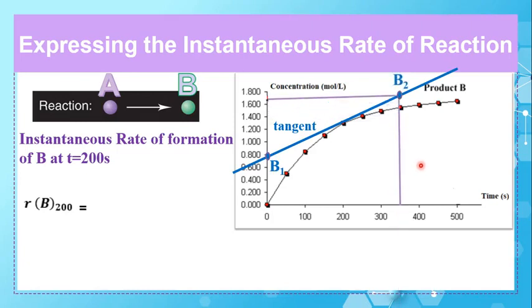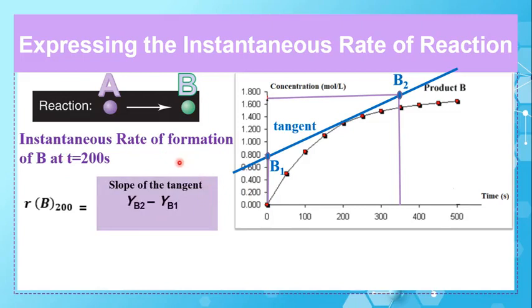We determine the coordinates of B1 and B2, and the instantaneous rate of formation of B at T equal to 100 seconds will be equal to the slope of this tangent equal to y of B2 minus y of B1 over x of B2 minus x of B1.